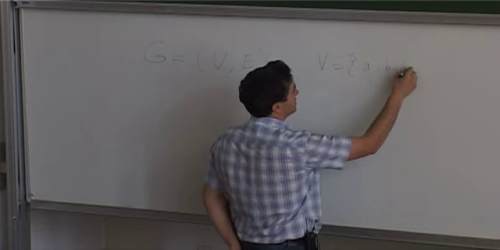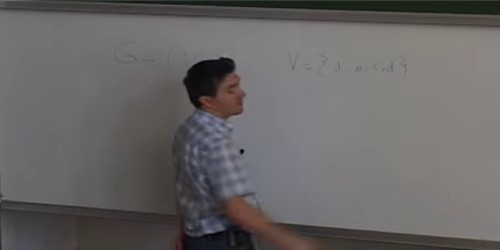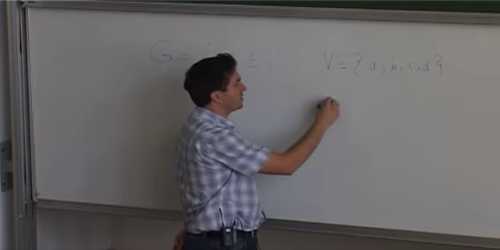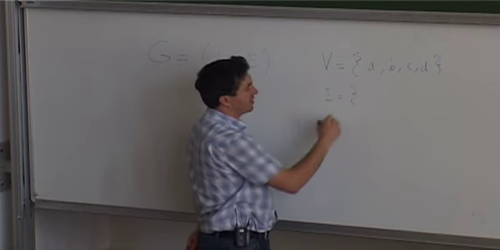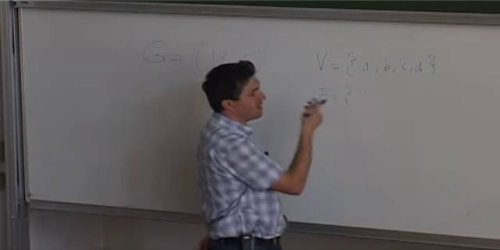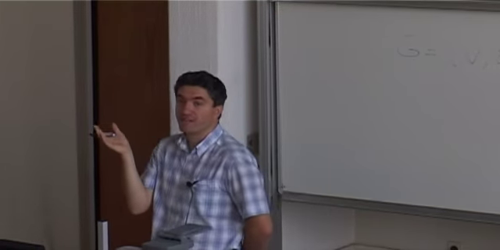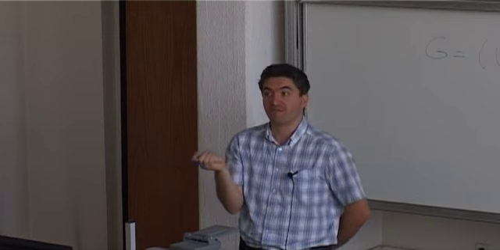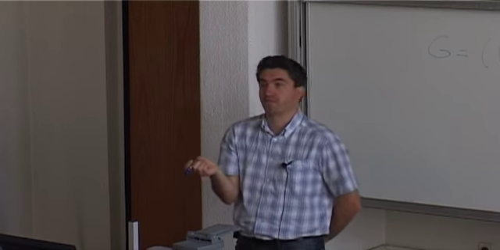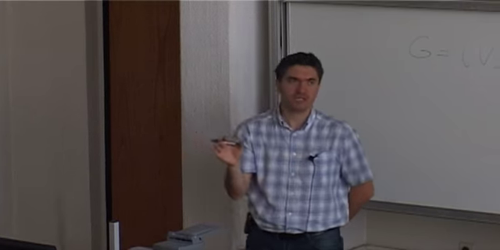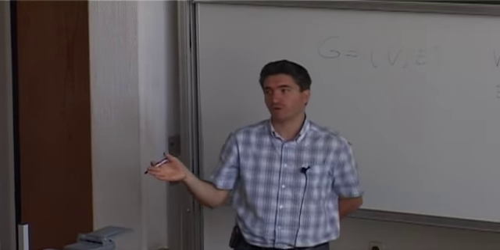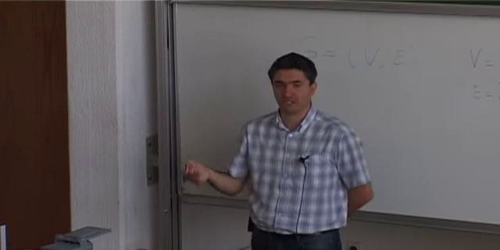A, B, C, D is my vertex set, and these are my edges. There are different types of graphs. For example, edges may be directed or undirected. Edges may be weighted. You can have weights even on nodes, and on the nodes you can also have some kind of other additional information.